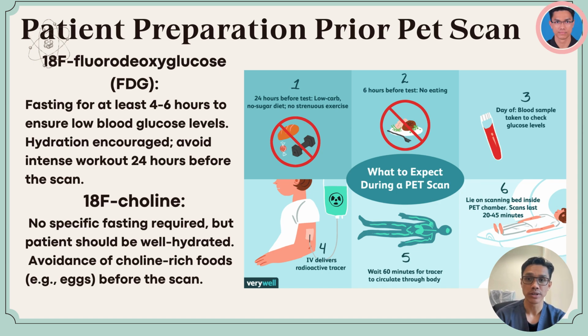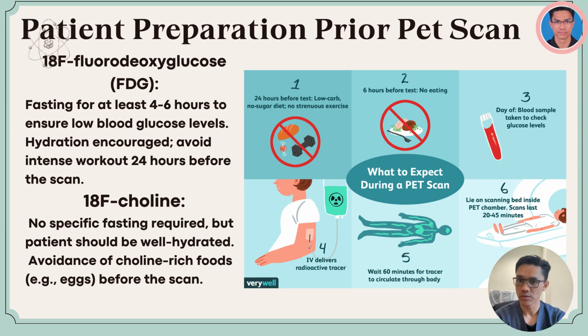This fasting period helps to lower blood glucose level, ensuring that the radiotracer is taken up more effectively by target tissues. Patients are also advised to avoid intense workouts before the scan to prevent increased uptake of the FDG in the muscles.